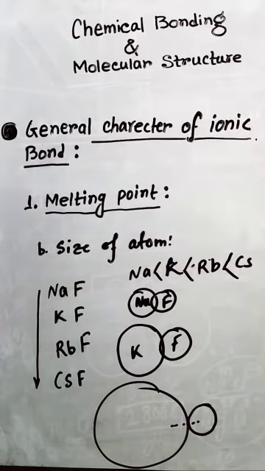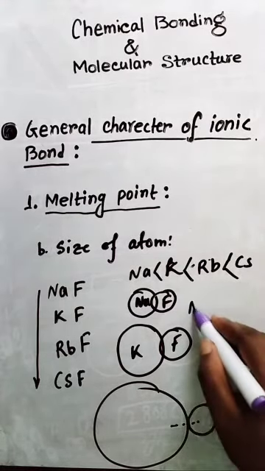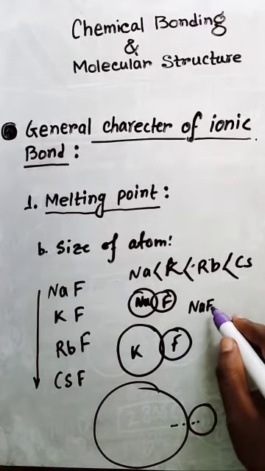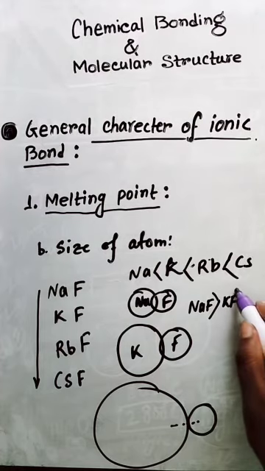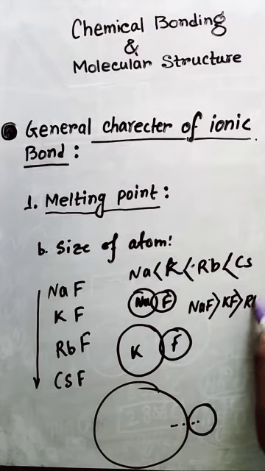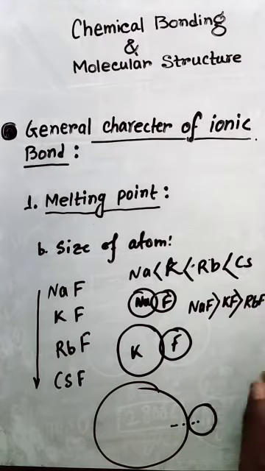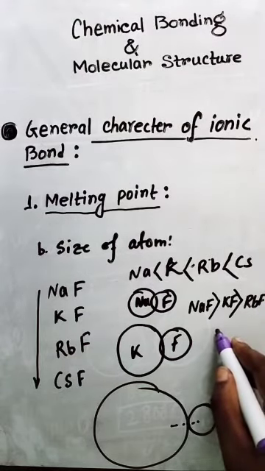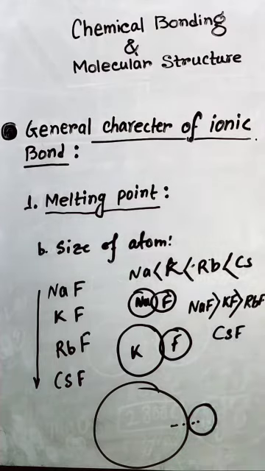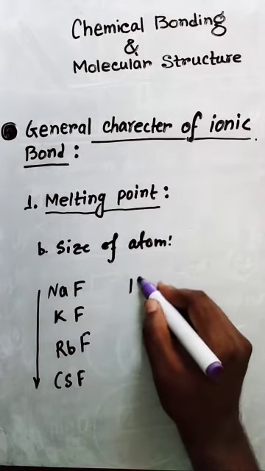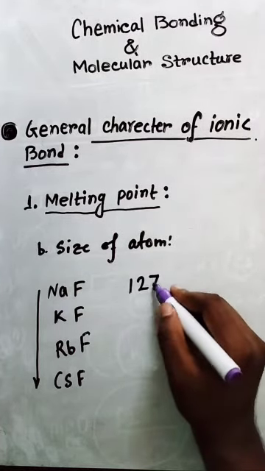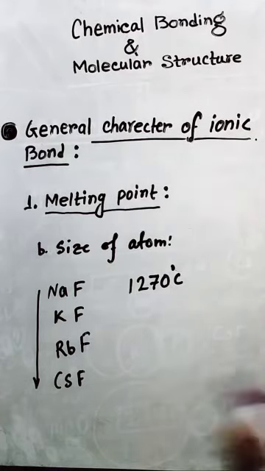So the melting point order of these compounds is: sodium fluoride has a higher melting point than potassium fluoride, potassium fluoride higher than rubidium fluoride, and rubidium fluoride higher than cesium fluoride. The actual melting point of sodium fluoride is 1270 degrees centigrade.